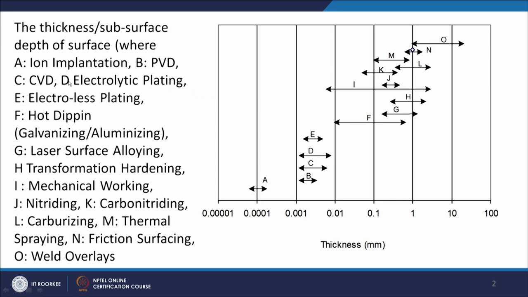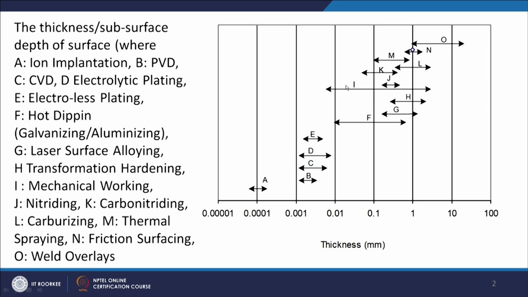Then process D is electrolytic plating, electroless plating is E, and hot dipping is like galvanizing, aluminizing, etc. Process F offers a much greater thickness, like 0.01 to about 1 mm. And then laser surface alloying, laser transformation hardening like induction hardening, flame hardening, etc. These offer G and H processes: G is for laser alloying and H is for the transformation hardening.